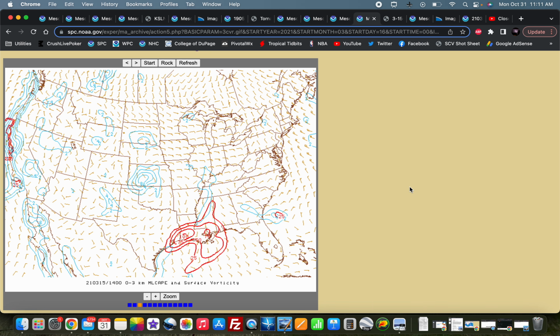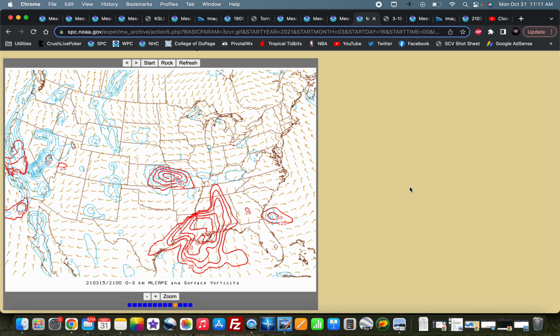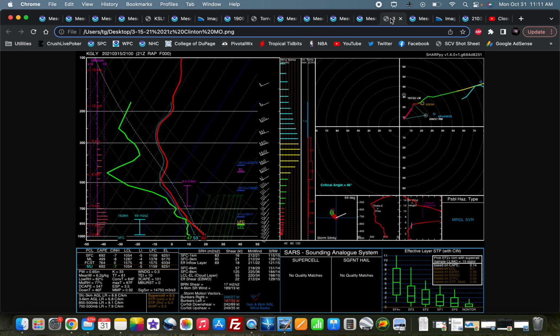But let's look at the 0-3 kilometer CAPE here as we go through with time. At 21Z, a bullseye of 0-3 km CAPE just south of Kansas City with some attendant surface vorticity, surface spin as well. Here's a proximity sounding from just south of Olathe, south of Kansas City, on this day. Modest CAPE here.